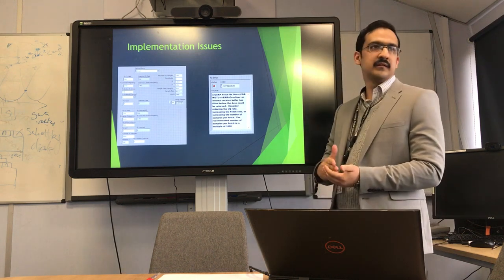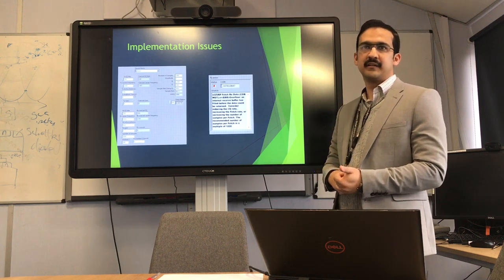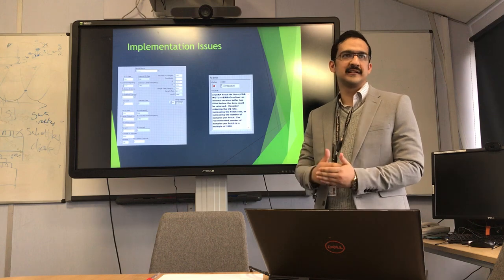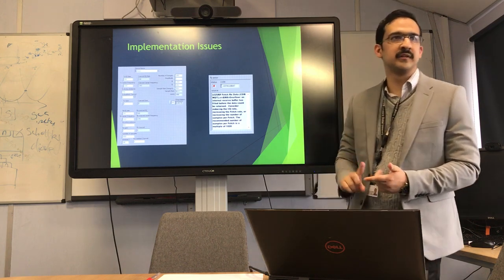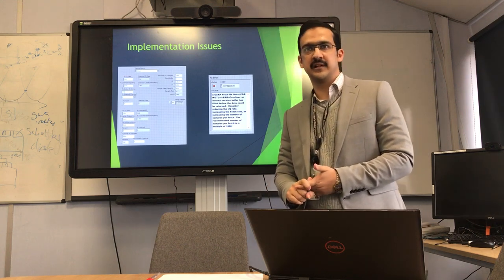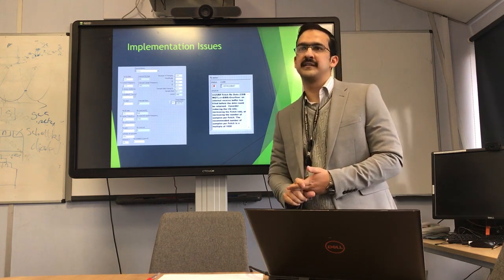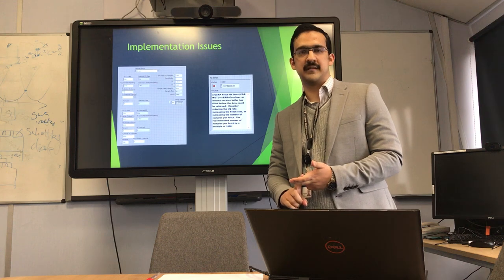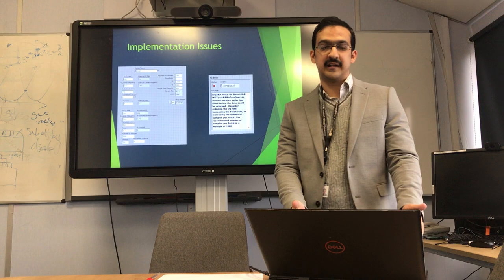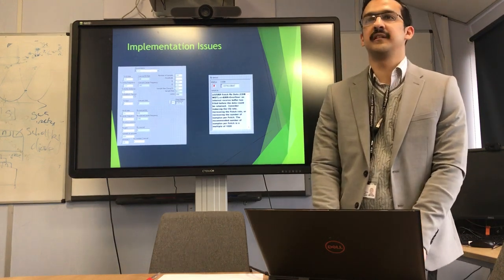When you implement something on the SDR or the USRP, the speed or the data rate depends not only upon the USRP, it also depends upon the medium through which the USRP is connected. That can either be a PCIe cable or an Ethernet connection. And at the end of the day you have the host PC.